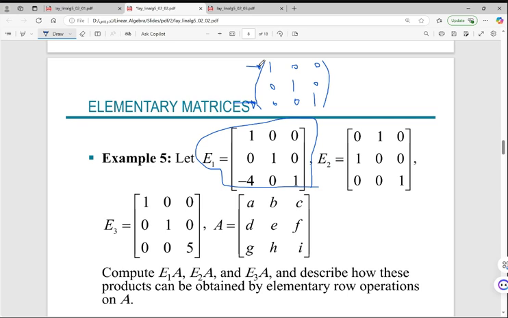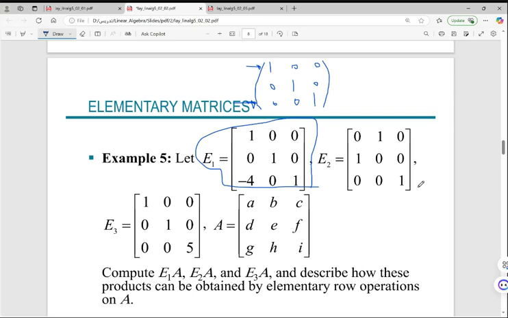Row 3 is replaced by the sum of row 3 and minus 4 times row 1. Do you agree? Yes, doctor, clear. Doctor, can you repeat, please?